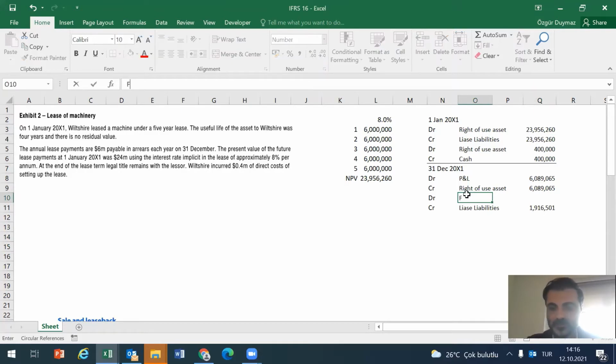This is finance cost. It will go to P&L, and also there would be a leasing payment of 6 million cash, which would be deducted from liabilities, of course.